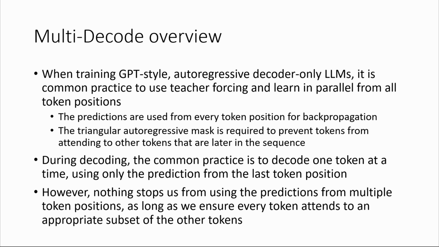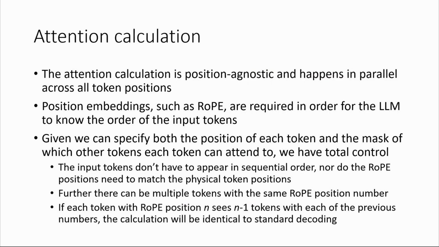From the myopic view of what it can see within its mask, it will look just like our normal decoding pattern, where the nth token sees the n-1 tokens that came before it, and only that, even if physically there's other stuff in there that's just hidden from it. So that's the overview of where we're trying to go.